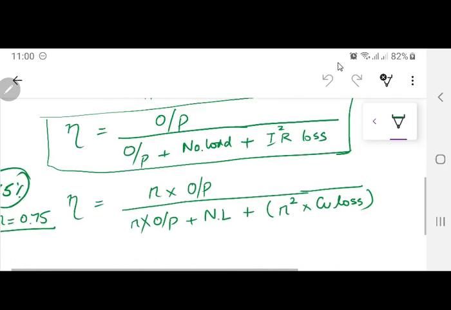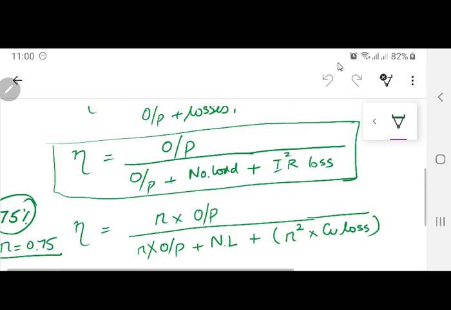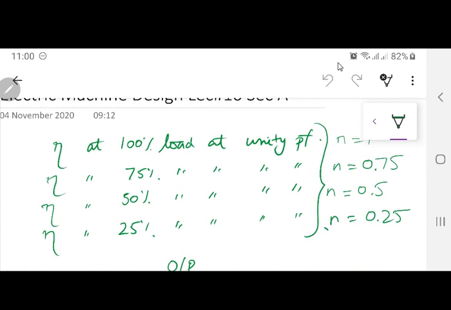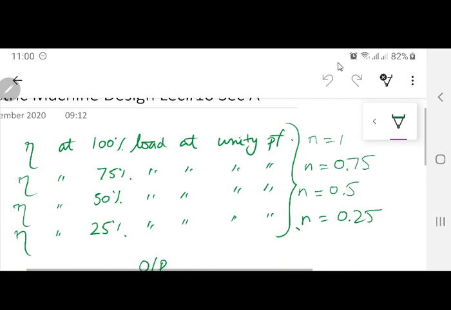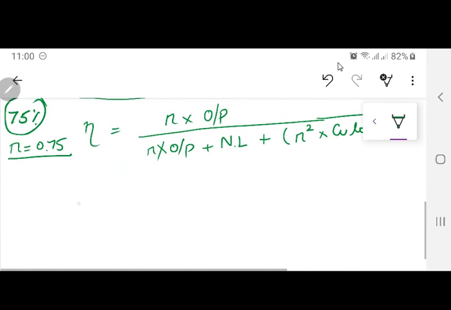Now in this formula I have still not taken the power factor into consideration, because any transformer is not always going to work at unity power factor. So when you have calculated these formulas for unity power factor, you will repeat them again, and you will also find out the efficiency at 100% load for 0.8 power factor.